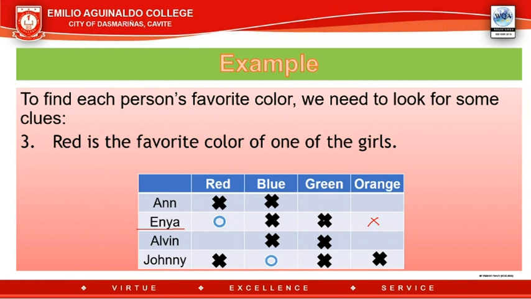Since we have three cross here, it only means that this was the favorite of Anne. And what more? Alin pa ba yung wala? Alvin is for orange. So, we can say that this completes our table. This is how we're going to solve problems in deductive reasoning following our context clues.